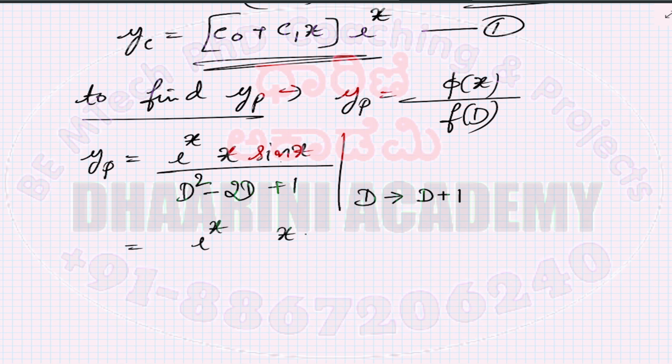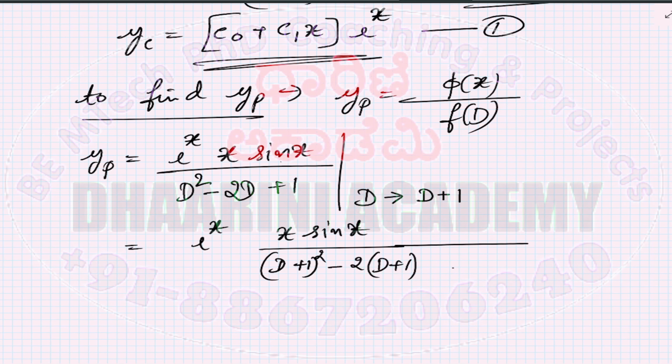Now I come back to x into sin x divided by, see, this is d plus 1 the whole square minus 2 times d plus 1 plus 1. So after I simplify this, then I go for x sin x.